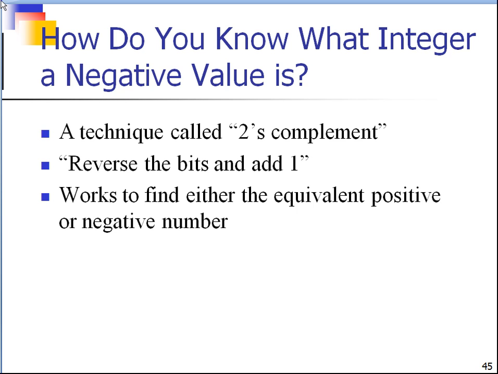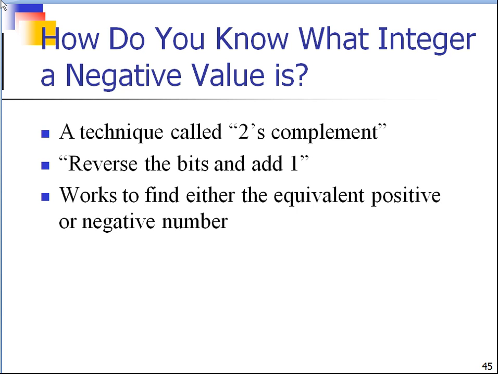How do you know what integer a negative value is? You cannot tell by looking at it or even adding up bit values like you could for positives. We have to do something called 2's complement, completing the 2's. The nice way of putting it is reverse the bits and add 1, but how many years ago has it been? 40, 35? My teacher said, flip the bits and add 1.